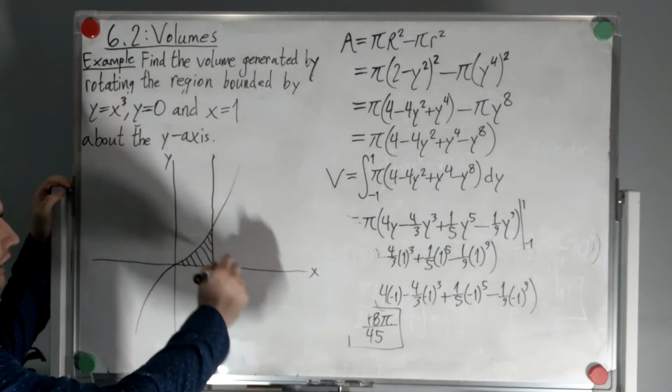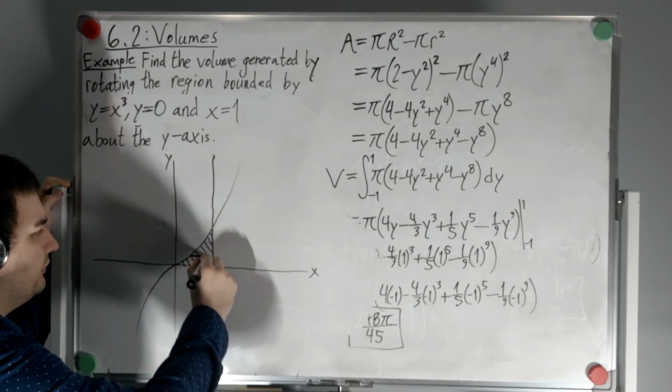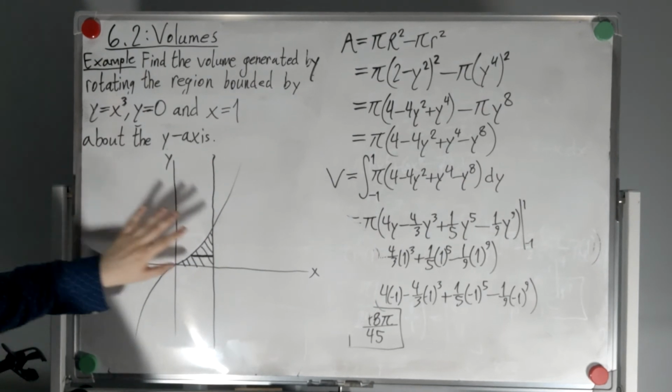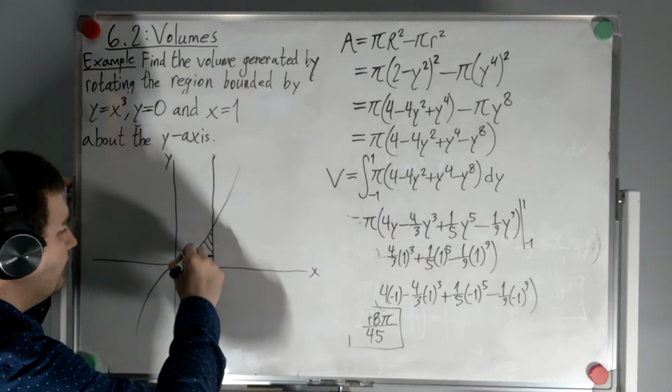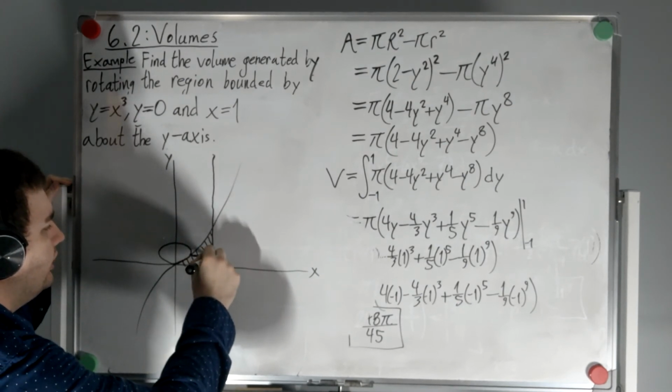All right, well, in that case, we should take a typical slice perpendicular to the axis of rotation, so something like that. You revolve this around the y-axis, what you'll get is a washer, once again.